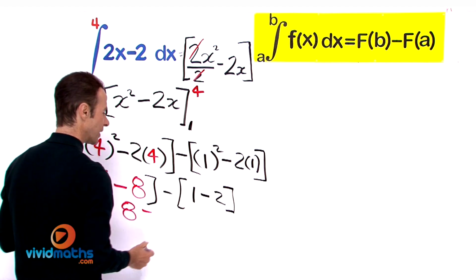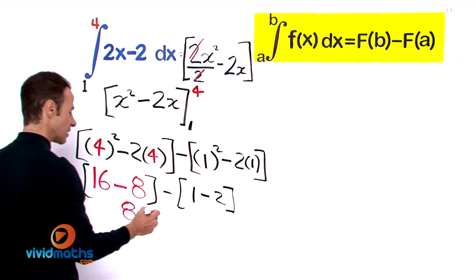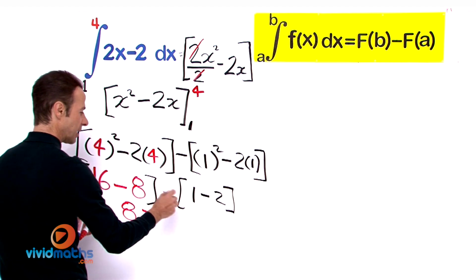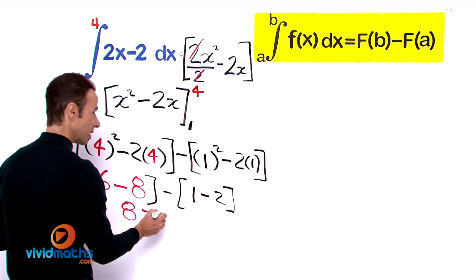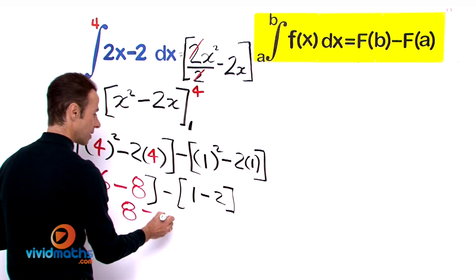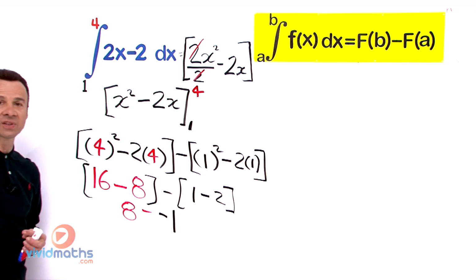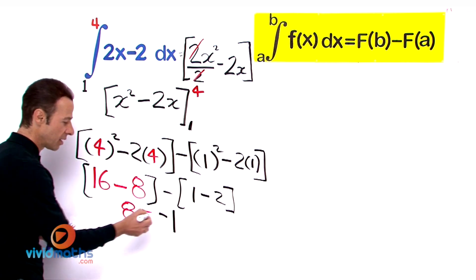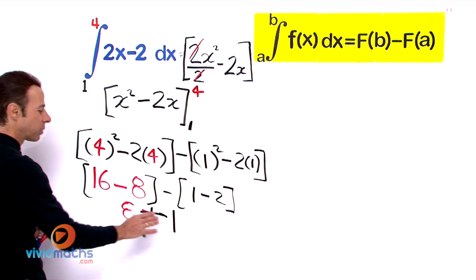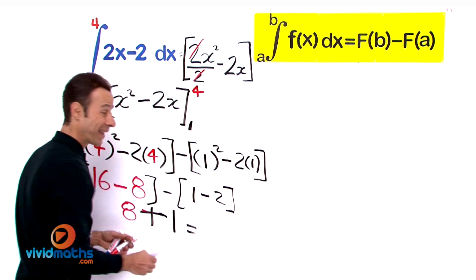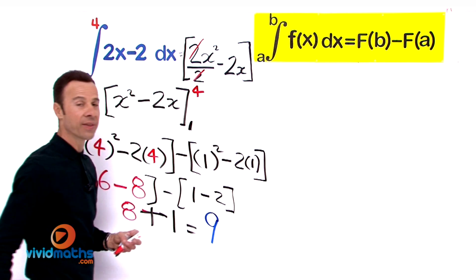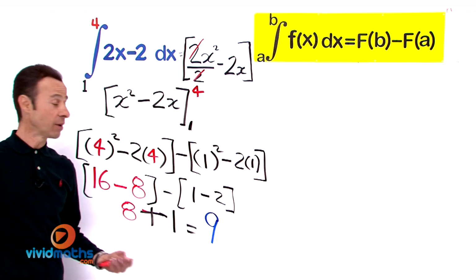Take away 1 minus 2, which is negative 1. So it'll be take away negative 1. Two negatives together make a positive, so I'm going to change it into a positive now. That's a plus there. 8 plus 1 equals the answer, 9, and the answer is always a numerical value such as this.